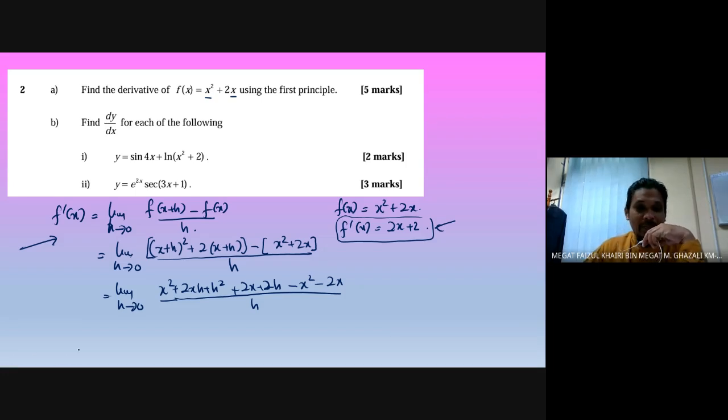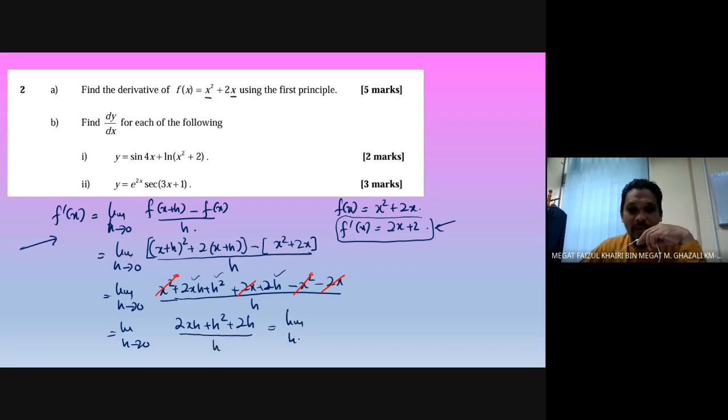Okay, so now class, x squared minus x squared, 2x minus 2x. So what's left here now? Limit of h approaching 0, we have 2xh plus h squared plus 2h, three terms, and everything divided by h.